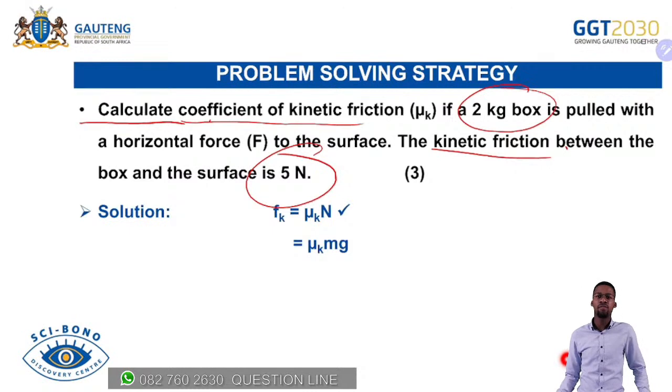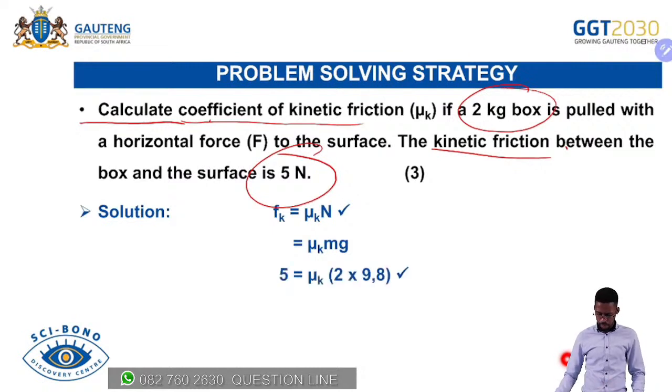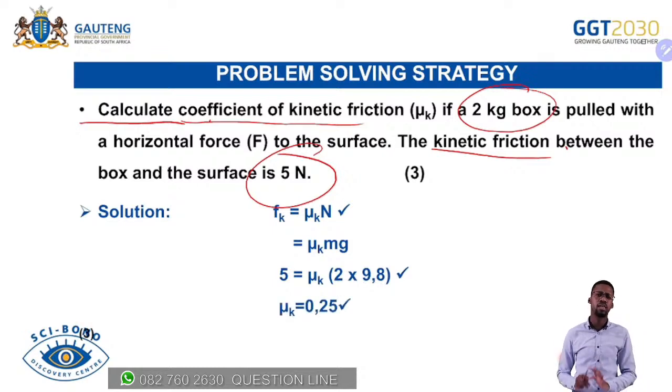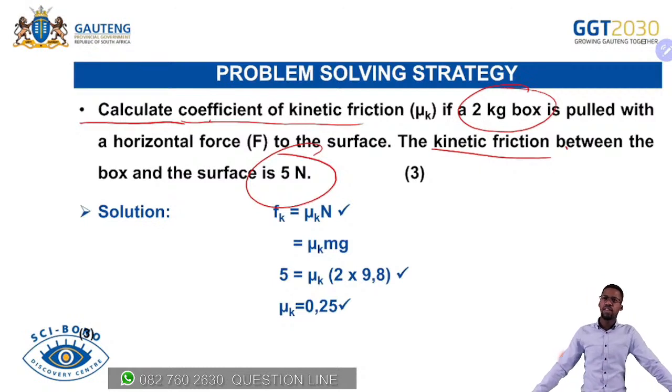So meaning that normal force is equal to mg in the opposite direction. Then you substitute. When you substitute, our kinetic friction is 5, our mass is 2, our gravity is 9.8. And then you solve, you get the answer. So that is very important.